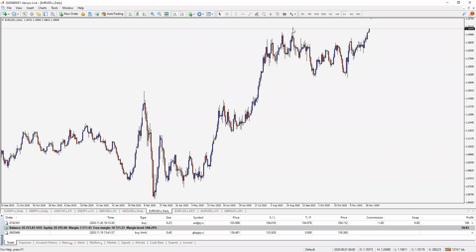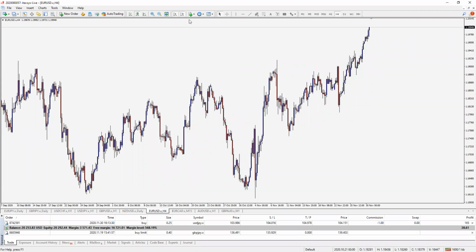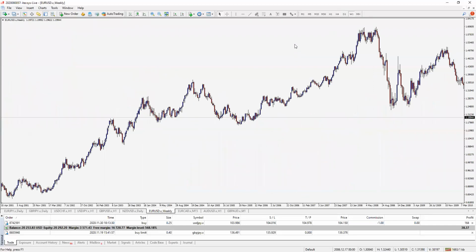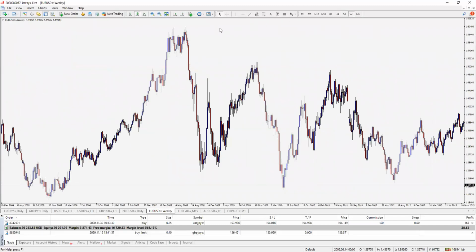Okay. So this is where we are now, and it's not a level that I would enter a sell position on the first touch. I still think this is the level, probably there is some supply over there. I would like to see how it looks in the weekly chart.